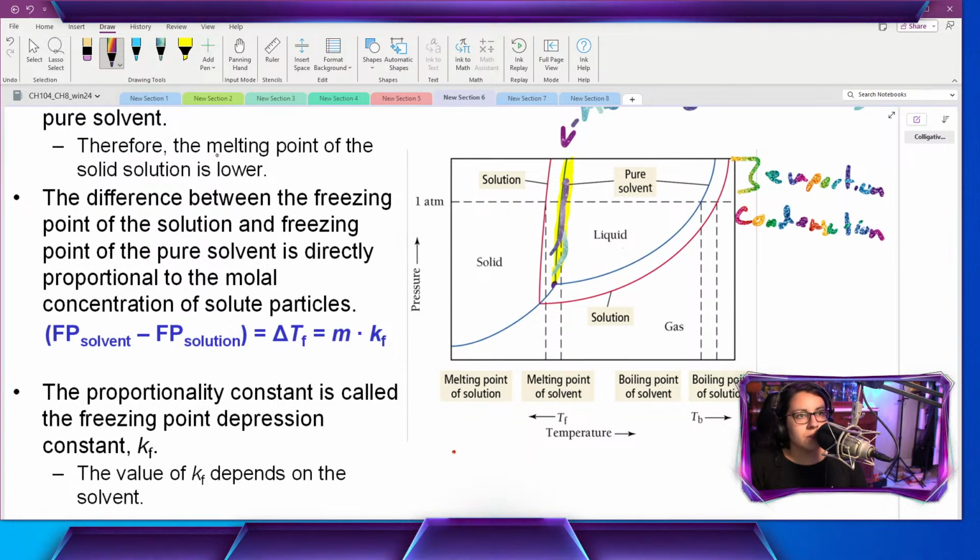So let's focus on our pure solvent first. We said pure solvent in blue. And notice how the solution raises the temperature. We have our temperature going in our x direction, and in a solution, we have to go to a higher temperature.